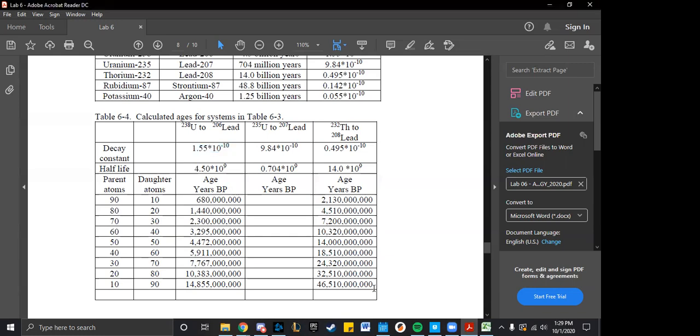I got 80.041.82473. I got 64 point something. And I got 2.92, a long number.